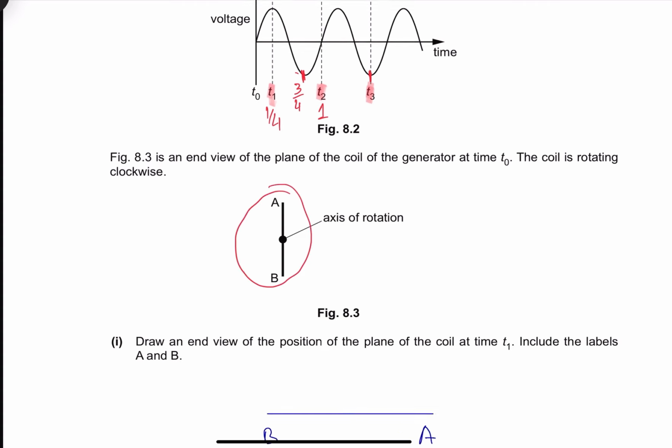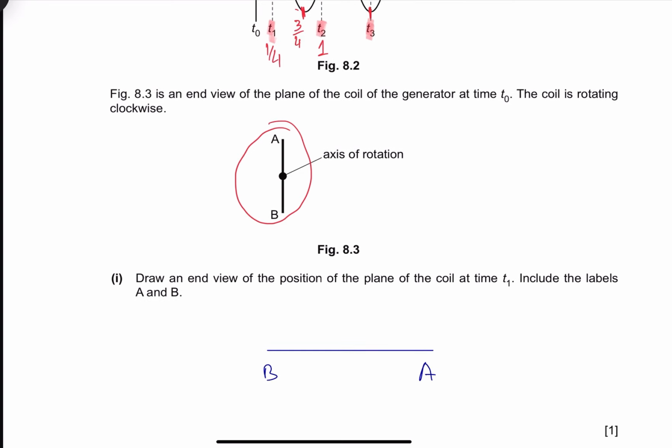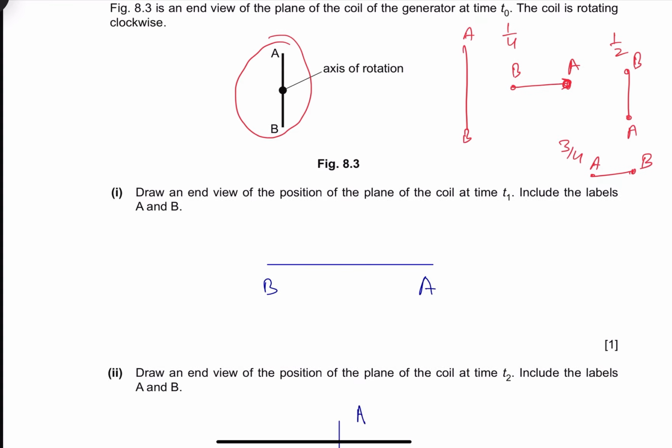If I have to make a complete cycle, this is A, B, this is the starting point. After 1/4, if it's clockwise, A will come at this point, B will come at this point. Then again at 1/2, A will be down, B will be up, and again after 3/4, A will come on the left side, B will go on the right side. So this is how you have to answer this.